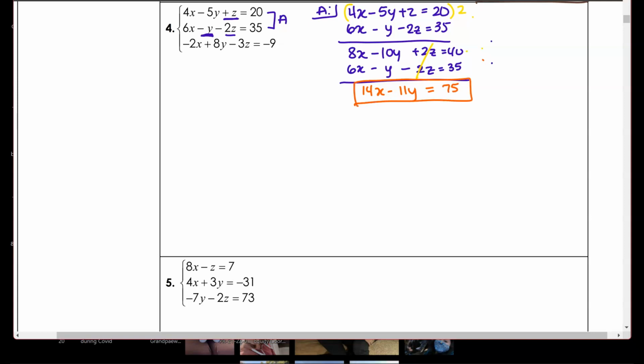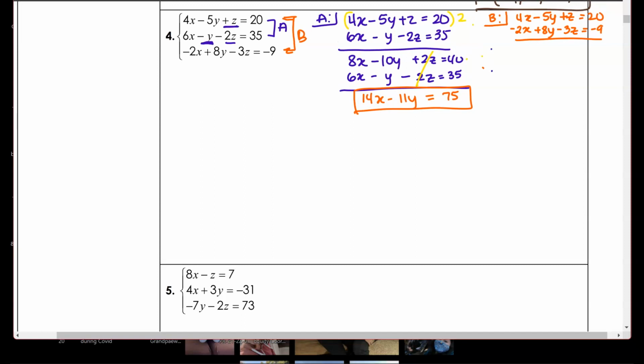Now for b, I'm going to do this top one and this bottom one. Again, noticing that I can cancel out those z's. So now I have 4x from that top equation minus 5y plus z equals 20. And in that bottom equation, I'm going to end up with negative 2x plus 8y minus 3z equals negative 9.